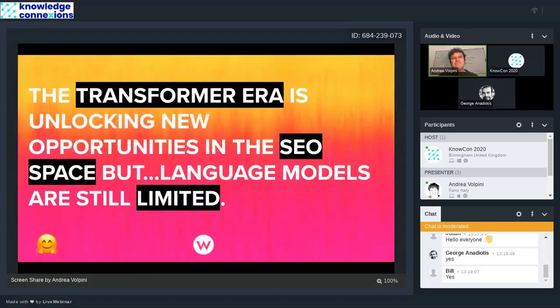And so that's one first important point of this session, is that the transformer, which is this new architecture in the deep learning world that has greatly advanced natural language processing, among other areas of deep learning, did unlock a lot of new opportunities in the SEO space.